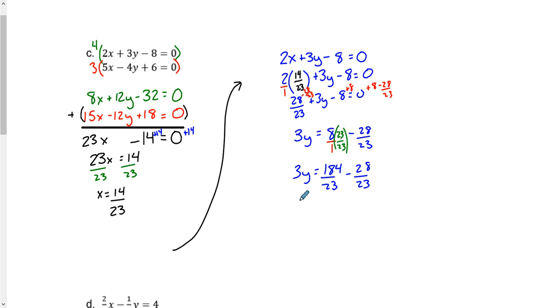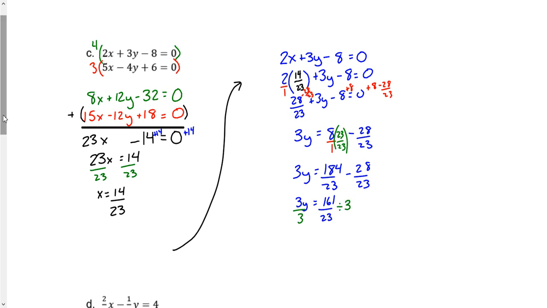Therefore, I can actually do some things. 184 over 23, subtracting 28 over 23 is 161. And to get the y by itself, I divide by 3. Well, another way of writing divide is dividing by 3.